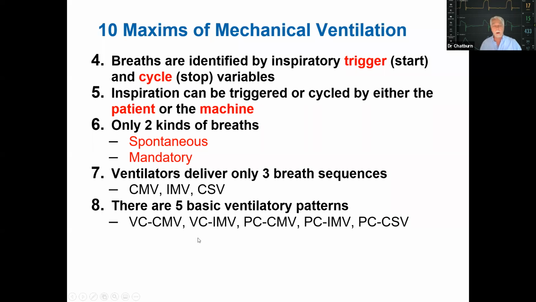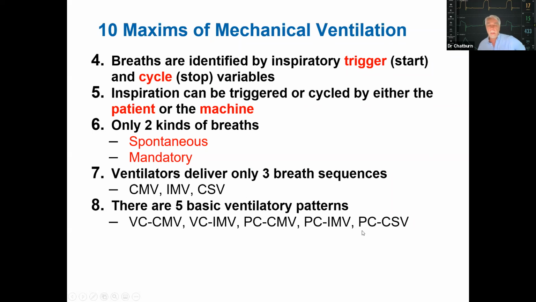Now, when we pair the control variables of pressure or volume, which again are derived from the equation of motion, you're either controlling the left-hand side of the equation, which is pressure, or you're controlling the right-hand side of the equation, which is volume. And we pair that with the breath sequences, and we come up with 5 generic breath sequences: volume-controlled CMV and IMV, and pressure-controlled CMV, IMV, and CSV.